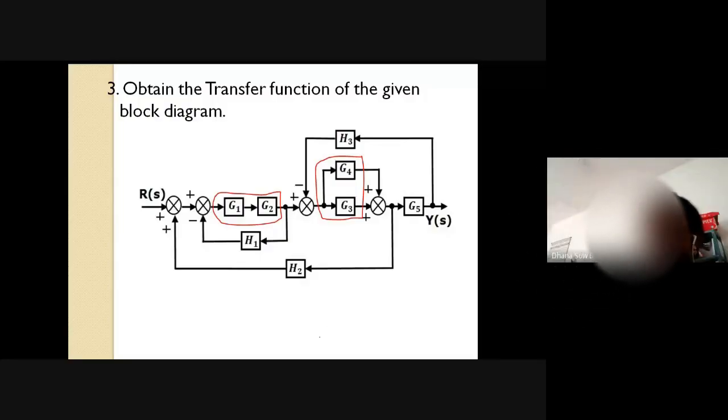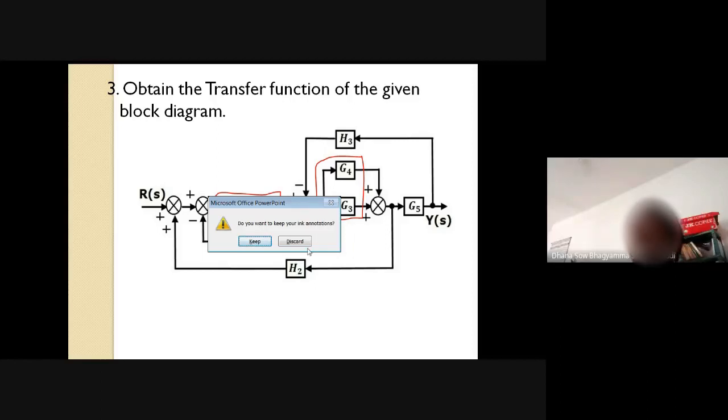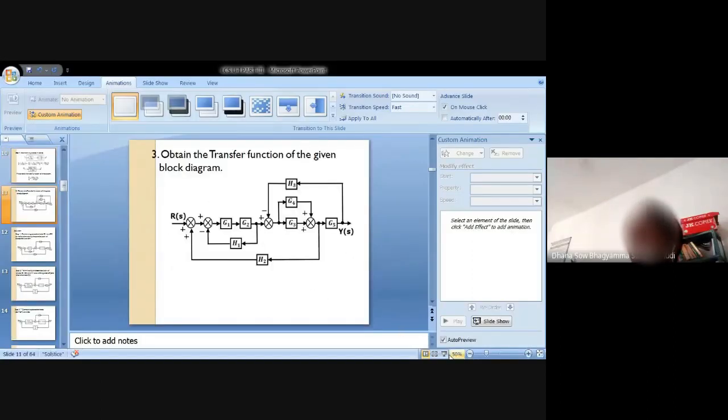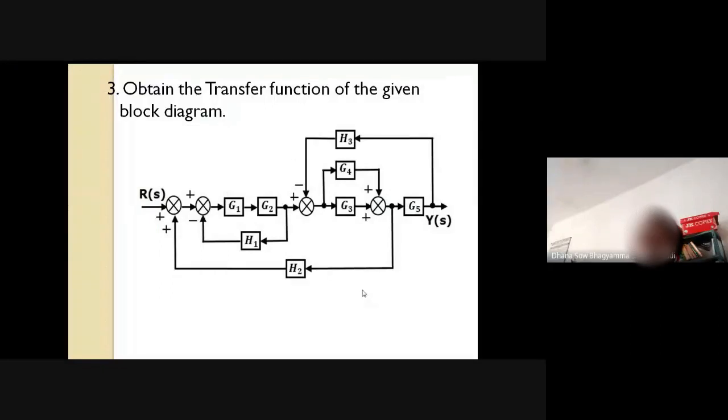I can combine these cascade blocks and I can remove this parallel path in step number 1. I hope you people might have drawn meanwhile I'm talking. Draw quickly so that I will go for the solution.